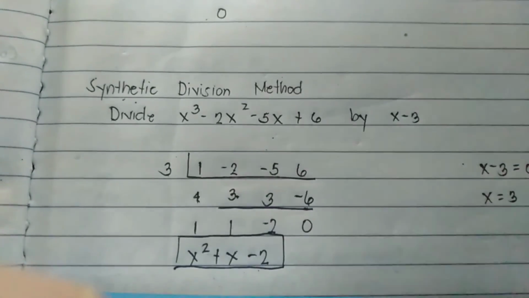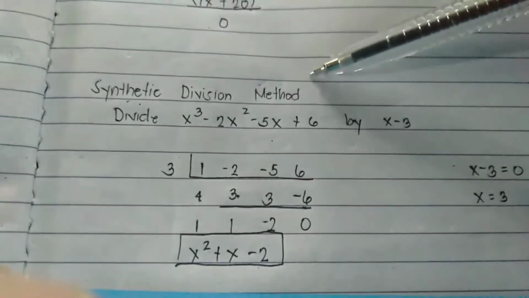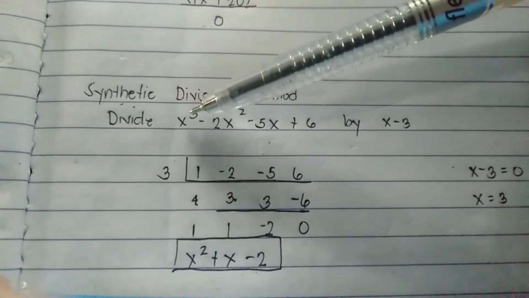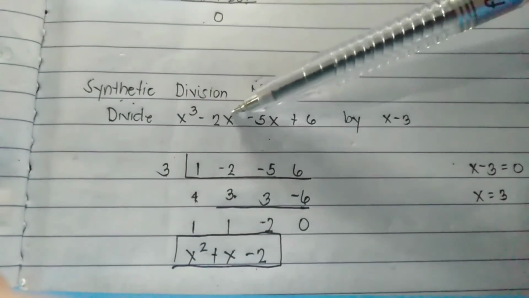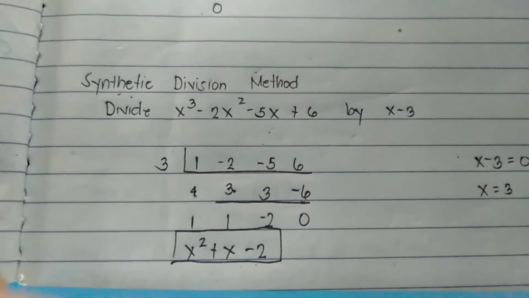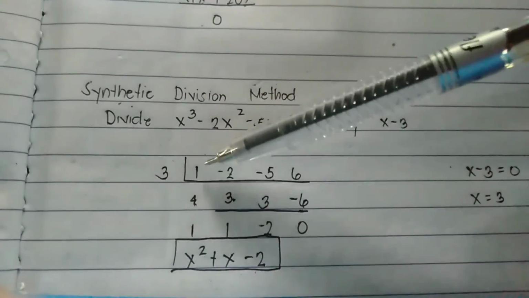So another way of solving the quotient of a polynomial is the synthetic division method. First, copy the given. Divide x cubed minus 2x squared minus 5x plus 6 by x minus 3. First, we must write the numerical coefficients of the dividend.